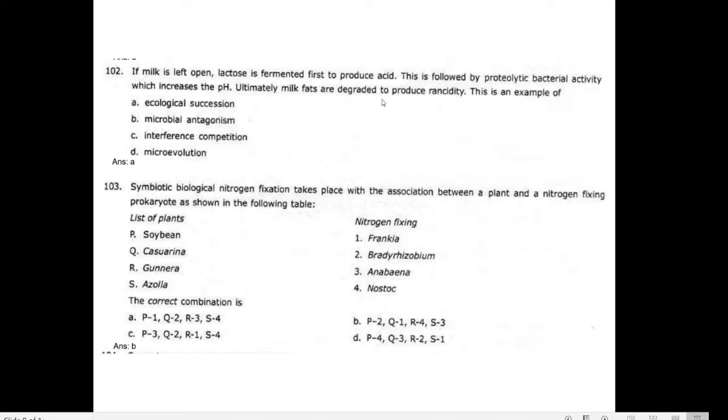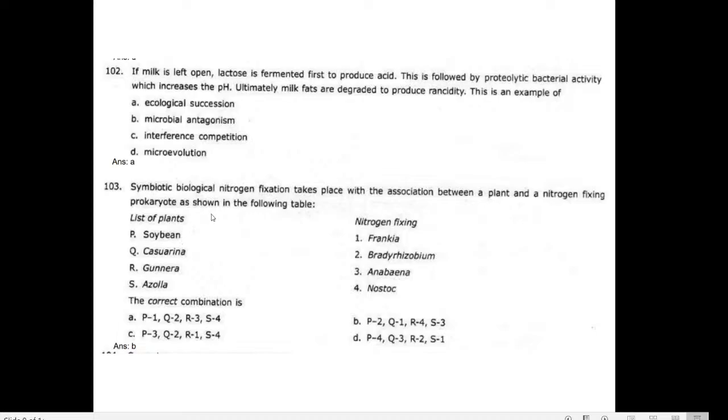Ultimately, milk fats are degraded to produce rancidity. We all know this rancidity. This is an example of ecological succession, where microbes make some product and influence some function.